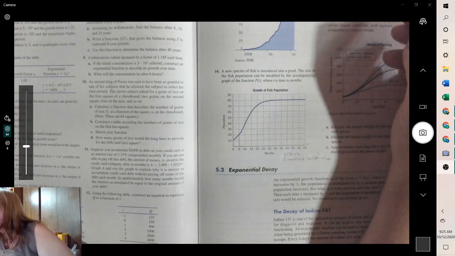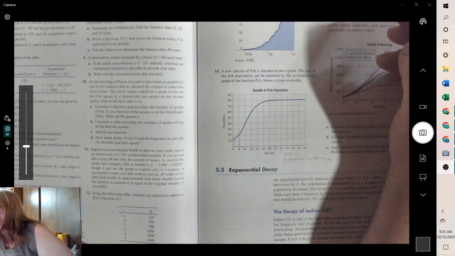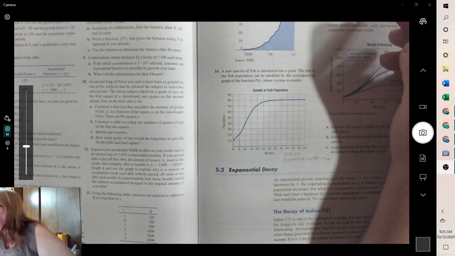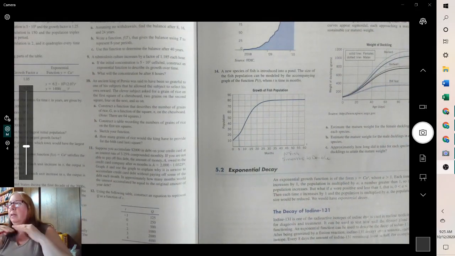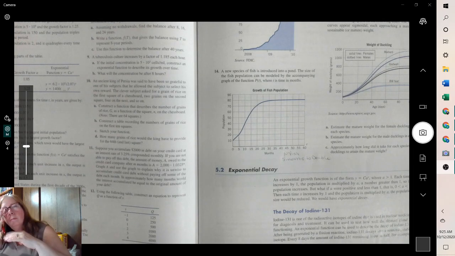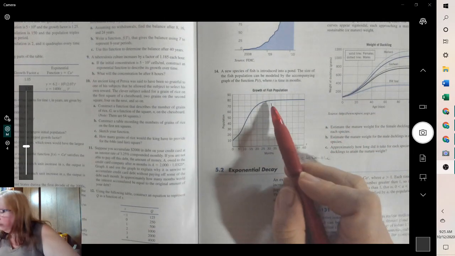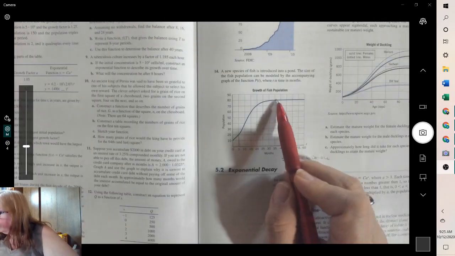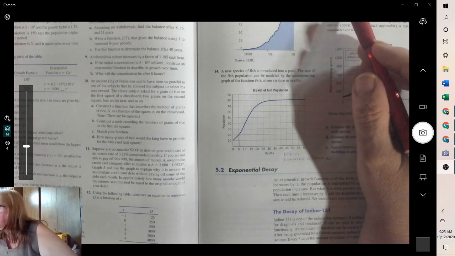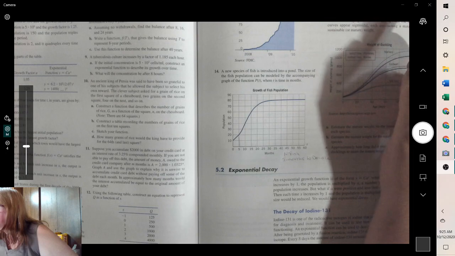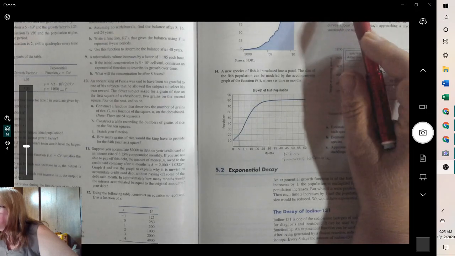What was the maximum sustainable fish population of the pond? Well, sustainable is when it comes to a parallel area where it's balanced. Notice here it stays about the same. What is the maximum sustainable fish population?